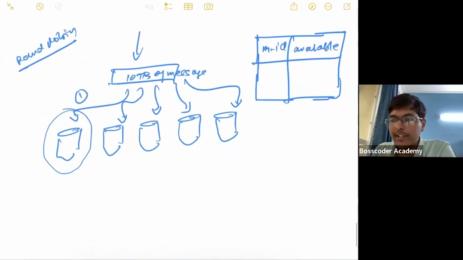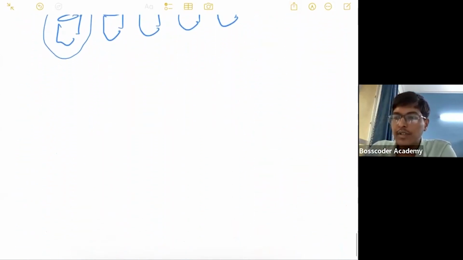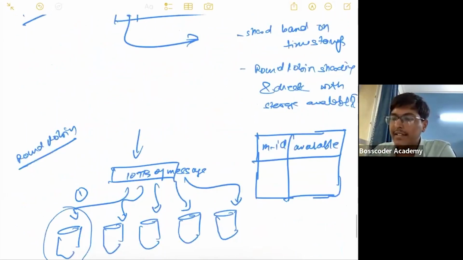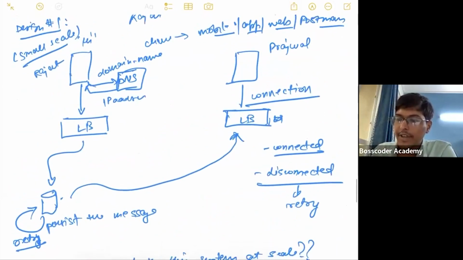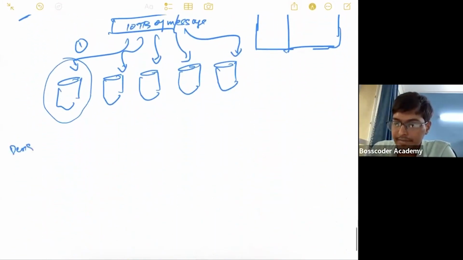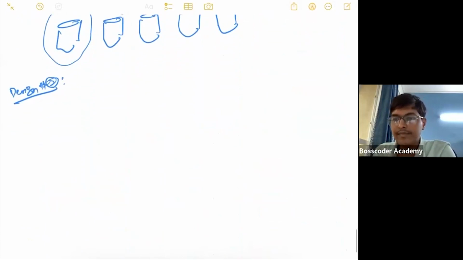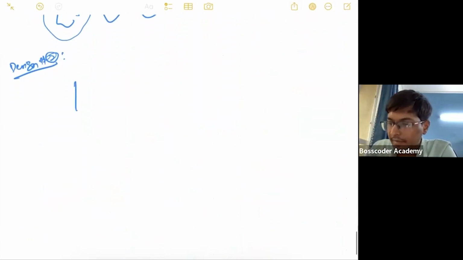Right? So one aspect that we can do here is from our earlier design, right? We can at least do one design. Like we have the client here.